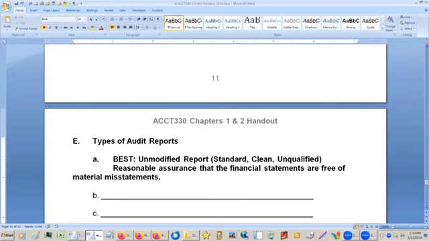In other words, we don't think that the financial statements are materially misstated. They are fairly presented, and not misleading.